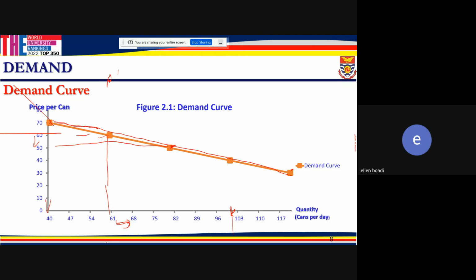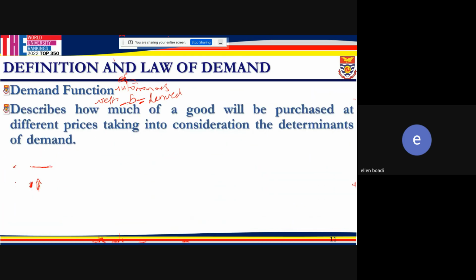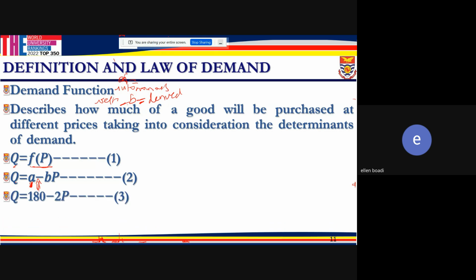It's the same inverse relationship that we are confirming using the function. This negative sign confirms the negative relationship between price and quantity. As price increases, quantity decreases.